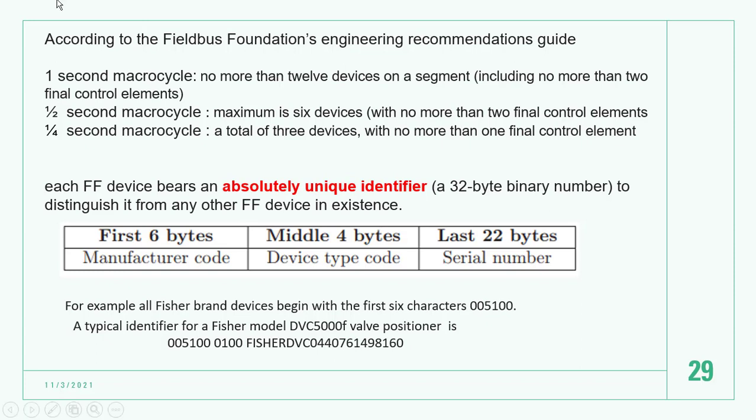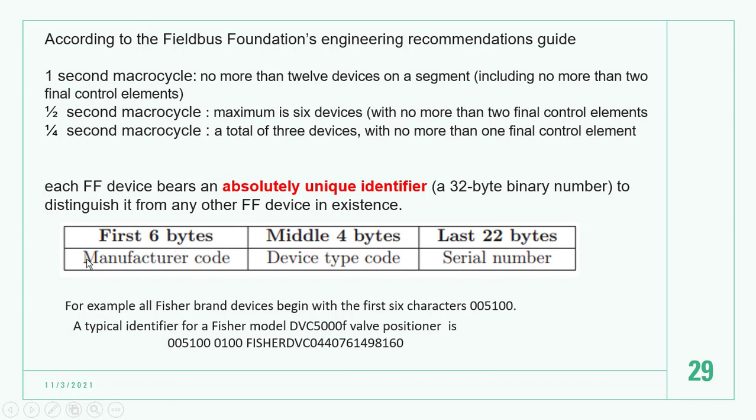That is the Foundation Fieldbus device address, but every Foundation Fieldbus device also has an identifier called the absolutely unique identifier, a 32-byte binary number, distinct from any other FF device in existence.